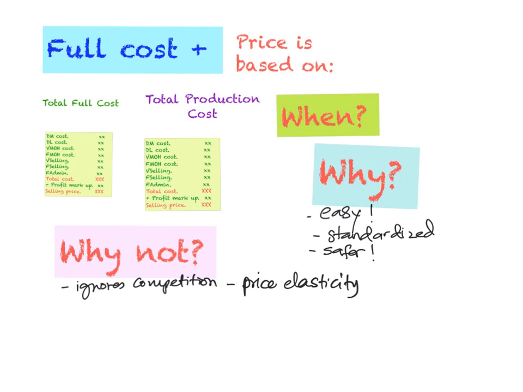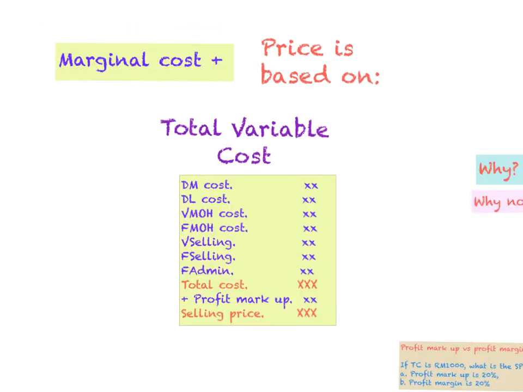Okay, and full cost plus pricing is also not suitable for short-term decisions, because it ignores the distinction between relevant and irrelevant costs, because normally fixed costs are irrelevant costs. So those are the advantages and also disadvantages of full cost plus pricing.